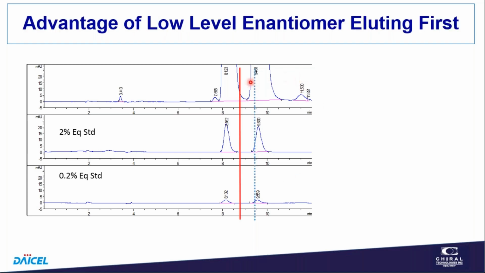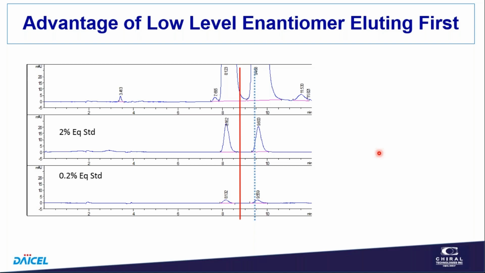But if we look at how much the front peak bleeds into the tailing peak, we see, well, that's not so much. And in fact, you can see that these peaks probably have no bleed of the later eluting peak fronting into the second peak. So in general, we would want to have our low-level enantiomer elute first if we can.